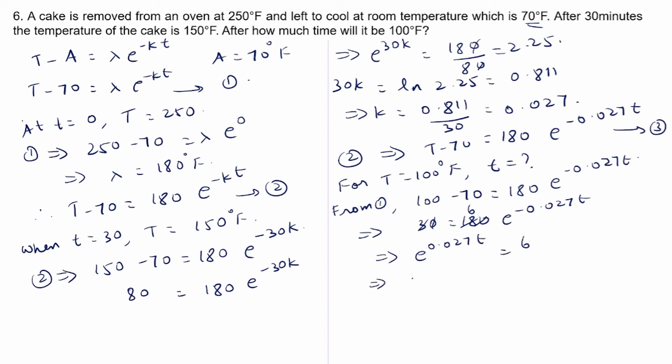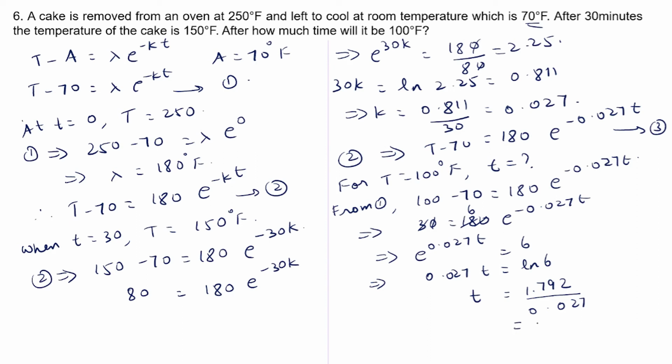Now if we take log on both sides, we get 0.027 t is equal to natural logarithm of 6. Now natural logarithm of 6 is equal to 1.792. So t is equal to 1.792 upon 0.027.